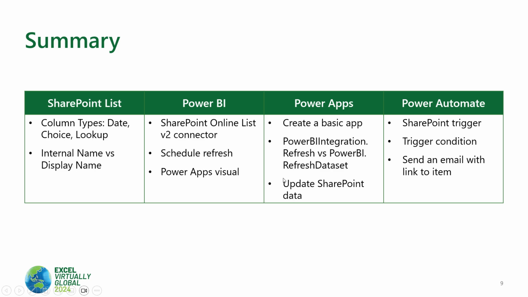PowerBI.RefreshDataset will allow you to refresh the semantic model, but it won't refresh your visual when you are looking at the Power BI report. You will need to use PowerBIIntegration.Refresh to refresh all visuals after that. And then Power Apps has the write-back ability to update SharePoint data. And finally, we have Power Automate that has the SharePoint trigger and allows us to send an email with link to item.